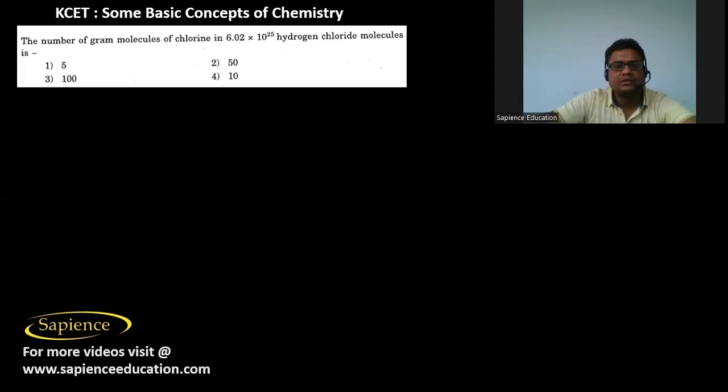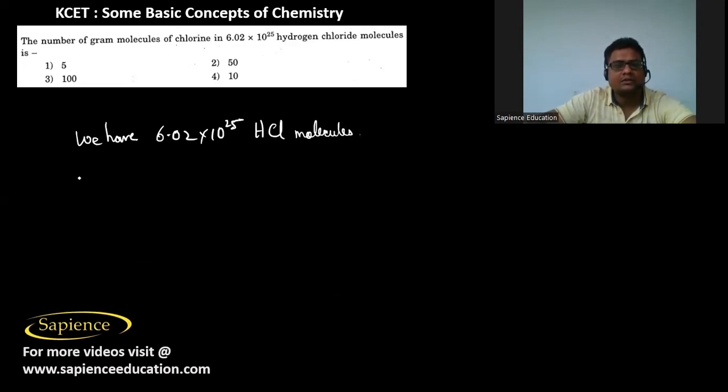Then here it is told the number of gram molecules of chlorine in 6.02 into 10 power 25 hydrogen chloride molecules. So we have 6.02 into 10 power 25 HCl molecules.